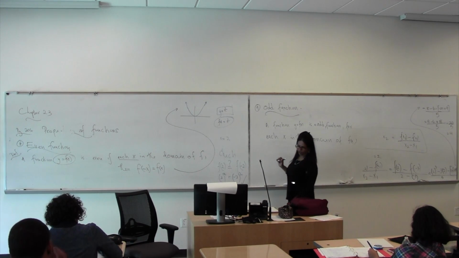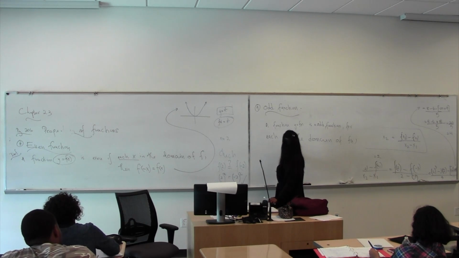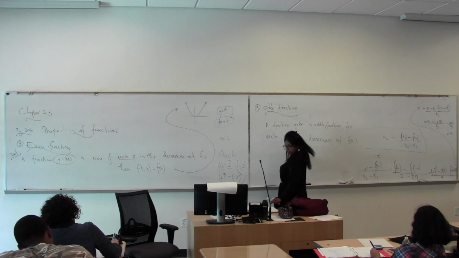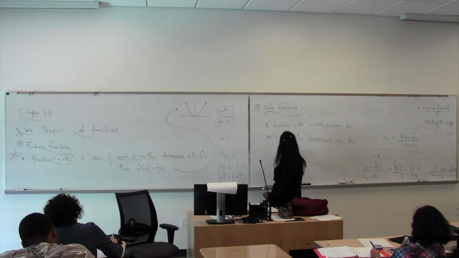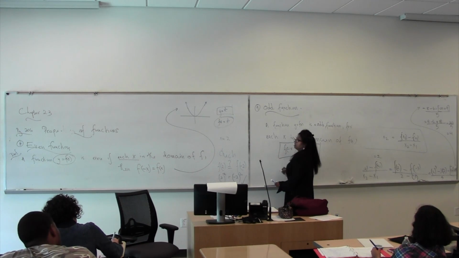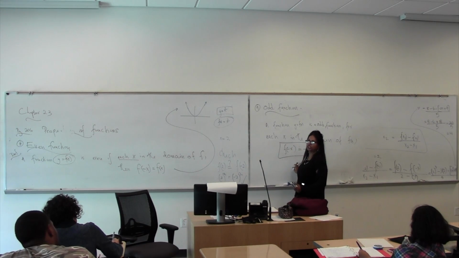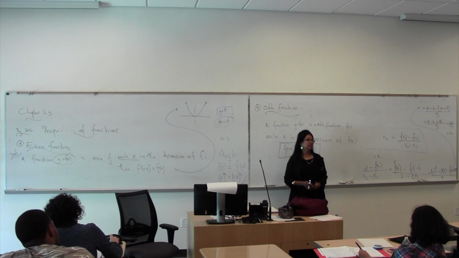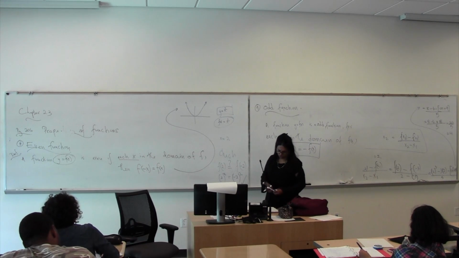What condition do we need to have here? f of negative x is equal to negative f of x. We need to satisfy this condition. If we can satisfy this condition, we are going to say it's an odd function.